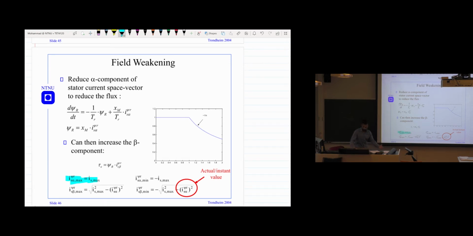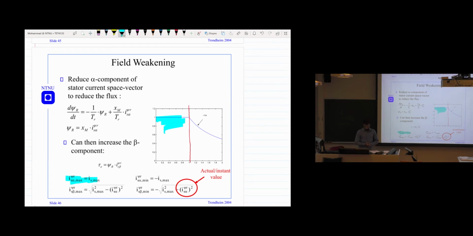Once the machine is magnetized, you can reduce this current and apply current to produce the torque, and you can run the machine. And up to this speed, it runs as it is, normal regular operation. But if we want to run the machine at higher speed than the nominal speed, then we need to do the field weakening.